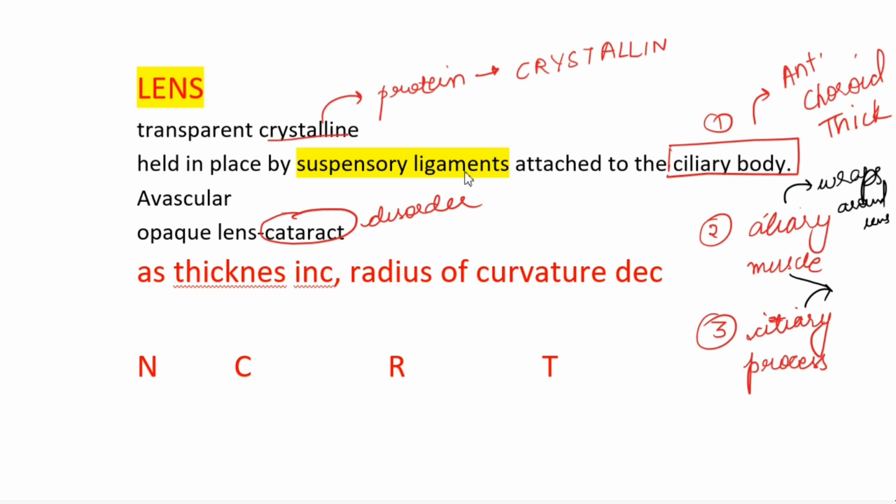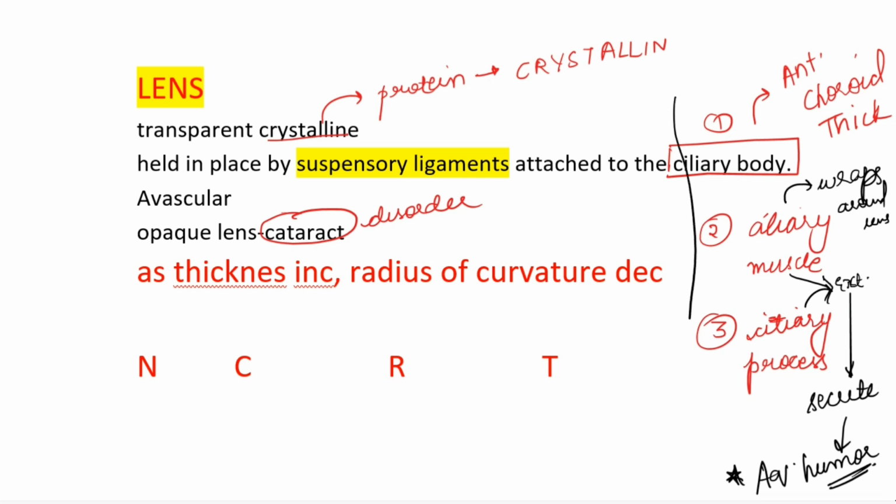Next one is the ciliary process, which is extensions of the ciliary body, and the ciliary process helps in the secretion of aqueous humor. The aqueous humor is the thin watery fluid which is secreted every day by the ciliary process.